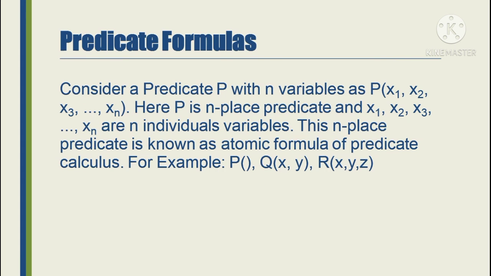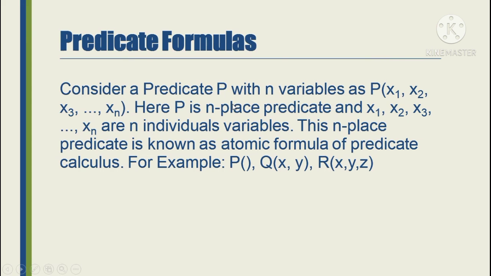Meron tayong consider a predicate P with N variables as P of X sub 1, X sub 2, X sub 3, and so on. Here, P is an N-place predicate. So, ito class ay P of X lang din. Meron lang siya sa loob na X sub 1, X sub 2, X sub 3.